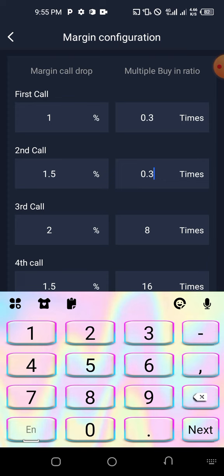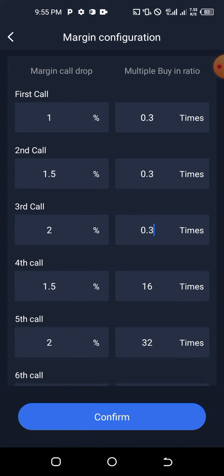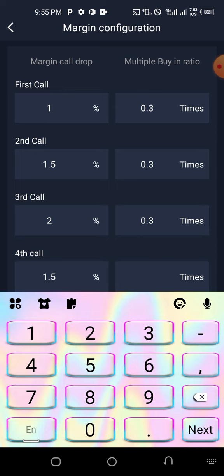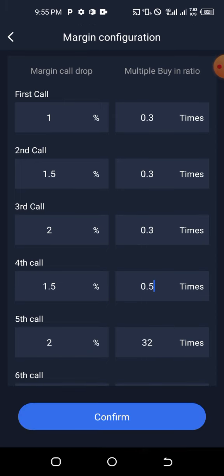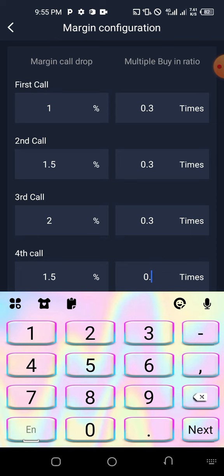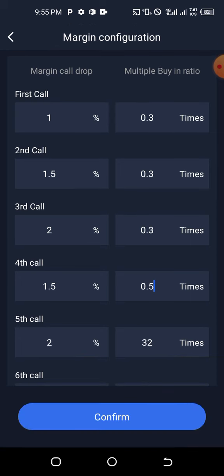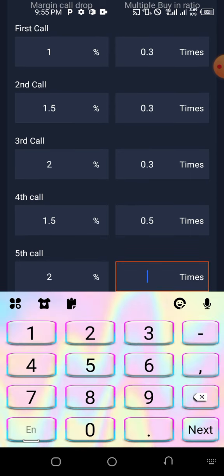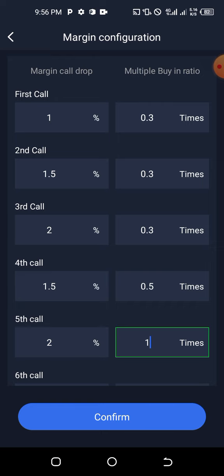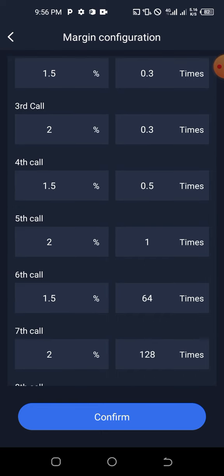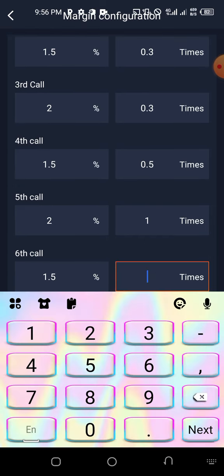If you have money, it would be better. When you reach on a 50 score, you add more money. Maybe on a 50 score, when you reach here, buy for me one time, meaning I'm buying with 50. Here, I buy maybe 2 times.